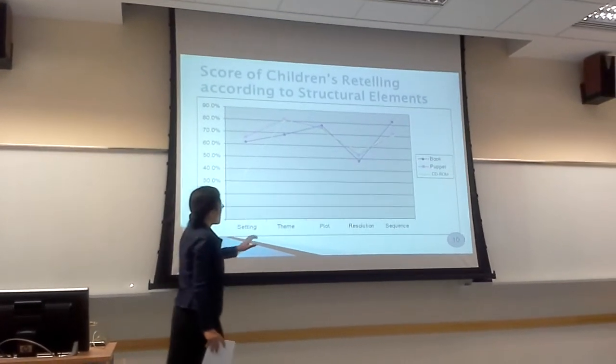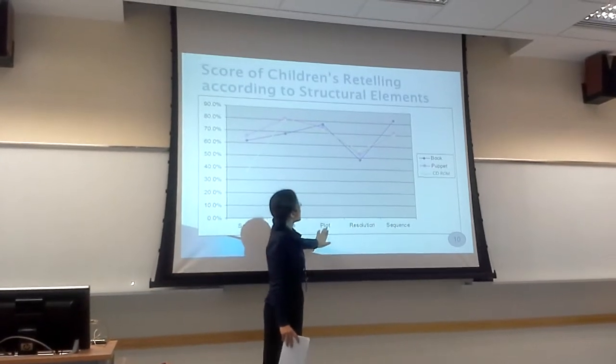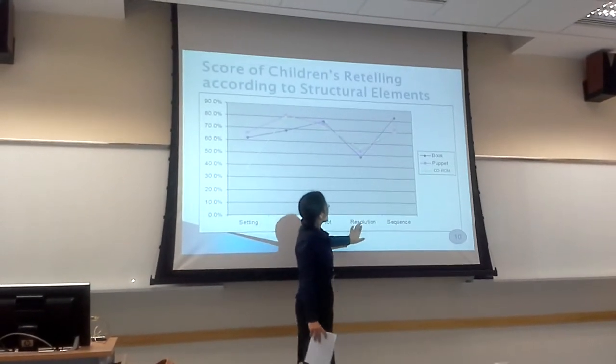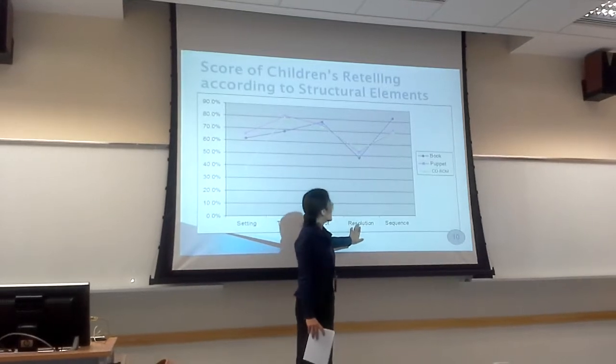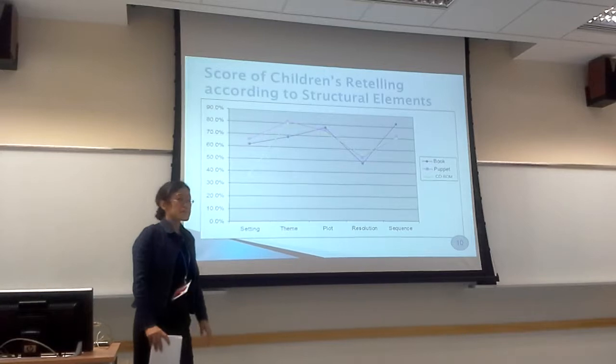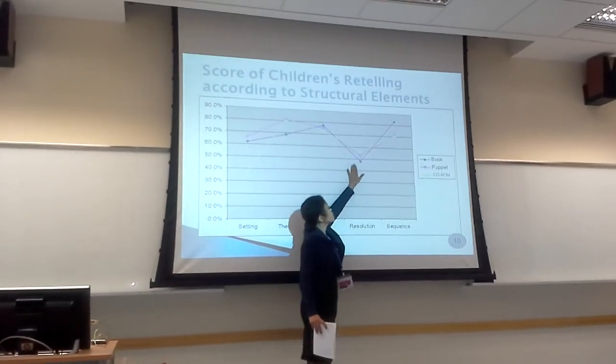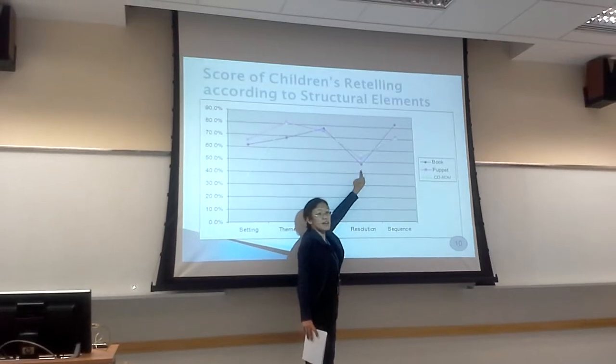Okay? With puppet scoring the highest for theme, book scoring the highest for plot, computer scoring the highest for resolution, and book scoring the highest for sequencing. But in general, as you can see, children tend to have problems retelling resolution.